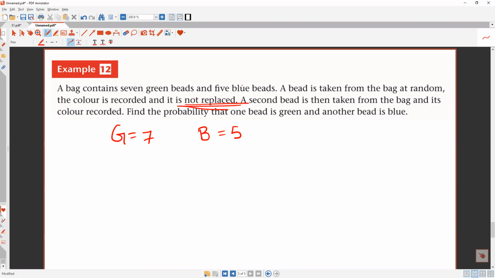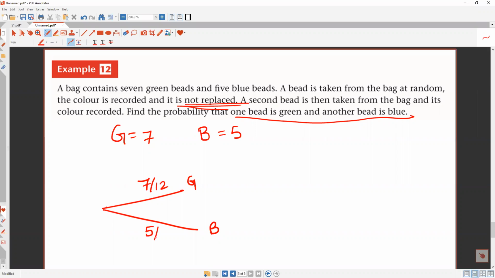The second bead is taken from the bag and its color is recorded. Find the probability that one bead is green and another bead is blue. Okay. Now, first green নিবে, blue নিবে. So let's say this is green and this is blue. What is the probability of getting green? Probability of getting green is 7 by 12.